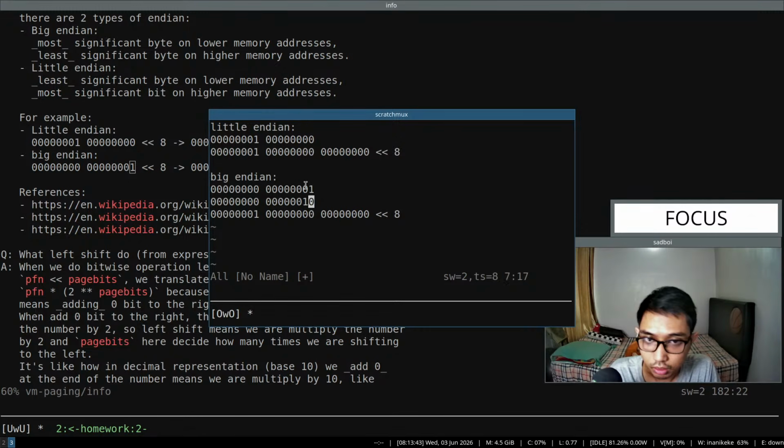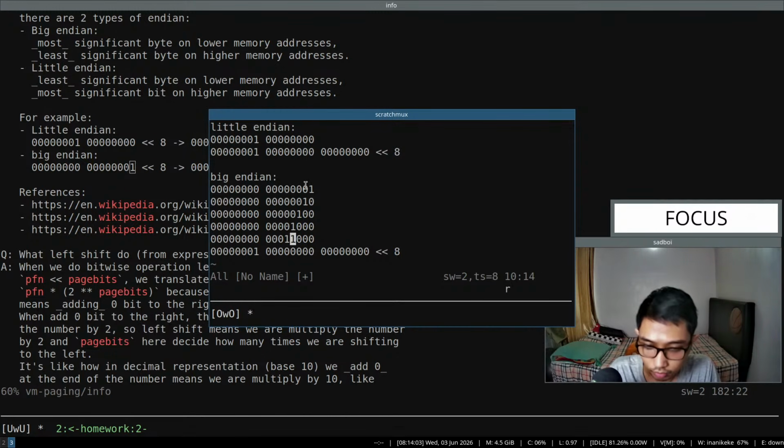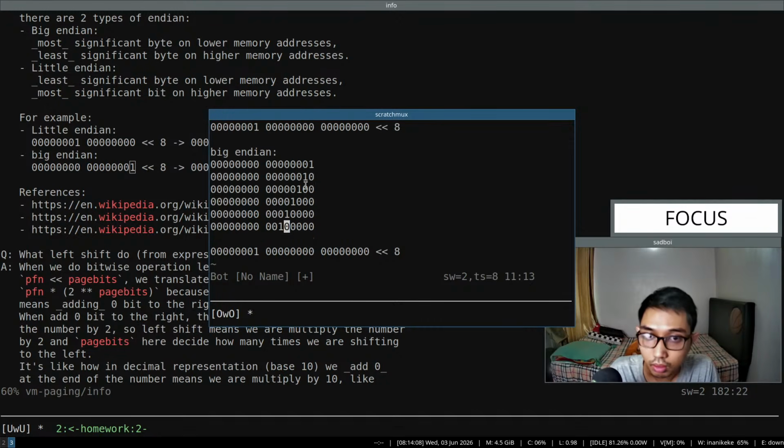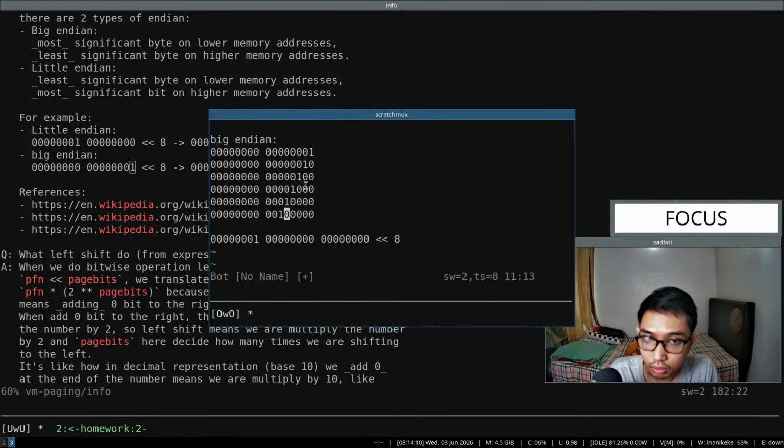Okay, this is 1, and then 2, and then 3, 4, 5.